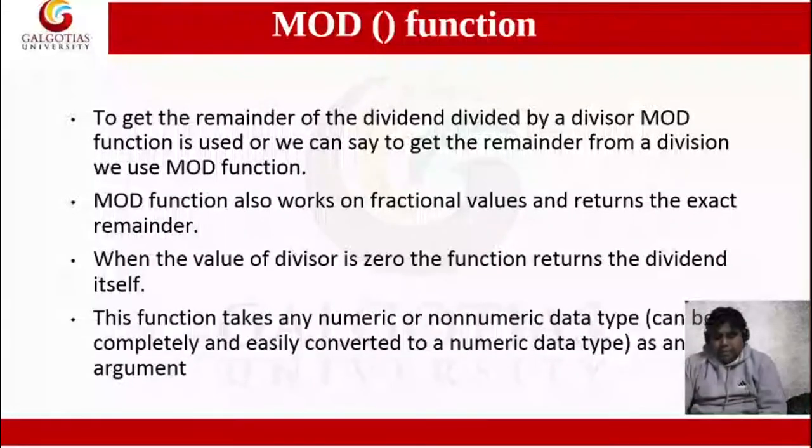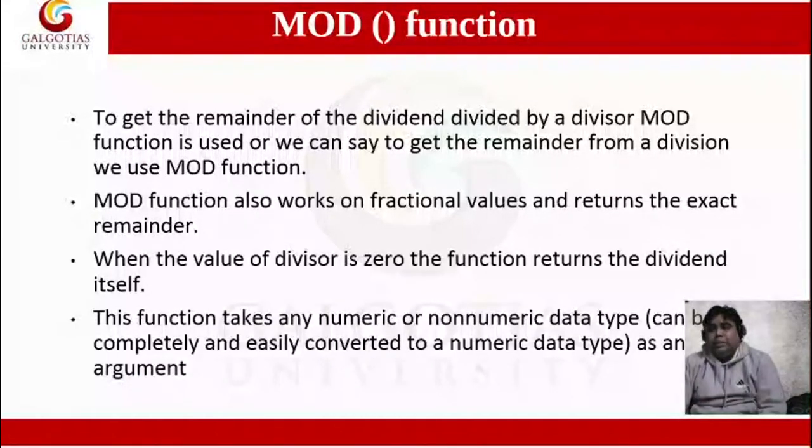For example, if I want to find the remainder by dividing 5 by 2, what is the remainder? 1. But if I divide 2 by 2, the remainder is 0. So to get the remainder of a dividend divided by a divisor, the mod function is used, or we can simply say that to get the remainder from a division, we use the mod function.